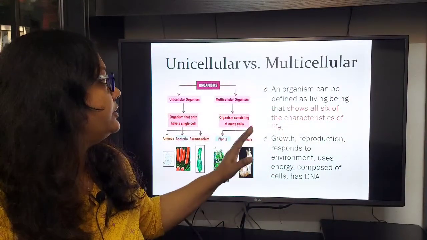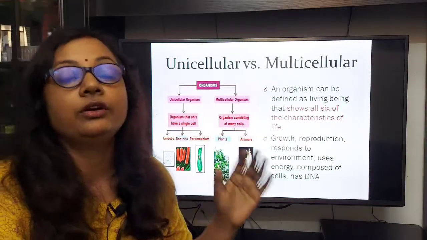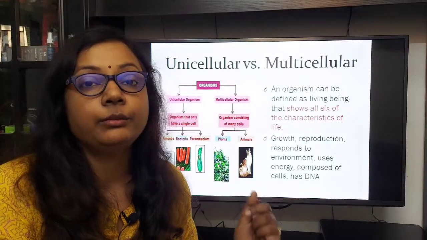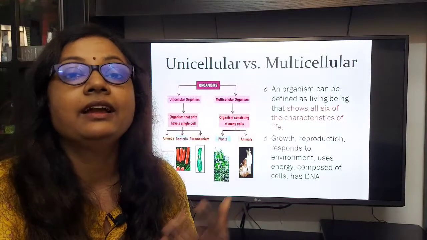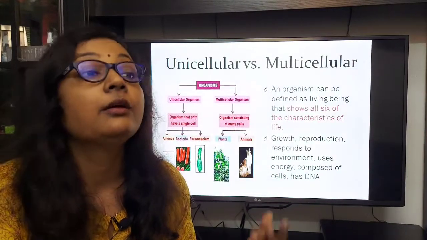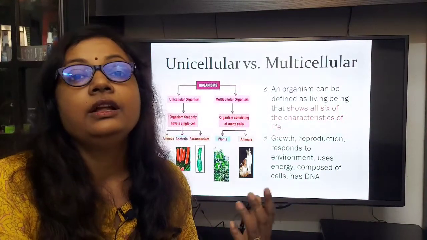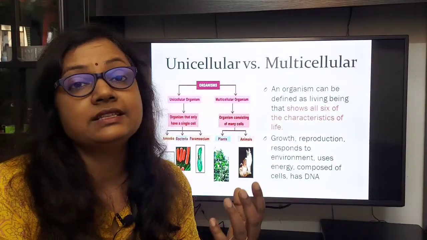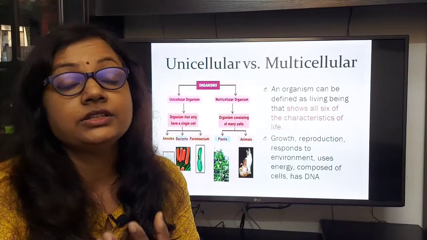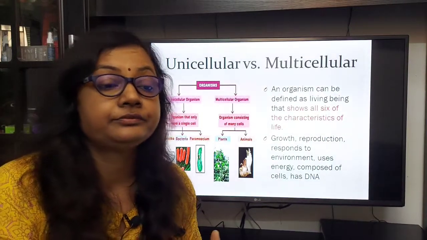Now let's see multicellular organisms. Multicellular organisms are made of more than one cell, for example, human being, cats, dogs, elephant, plants and trees. They are made of millions of cells and all these cells perform different functions based on the organs.